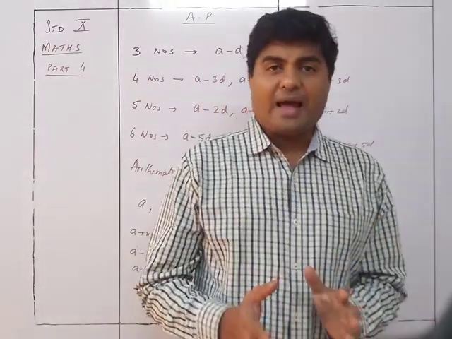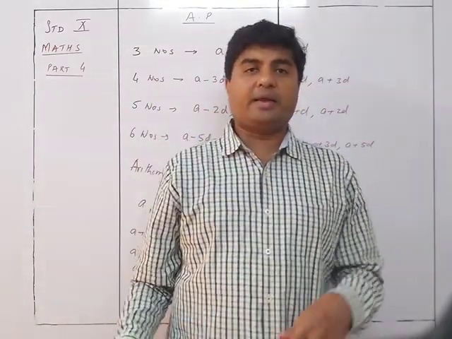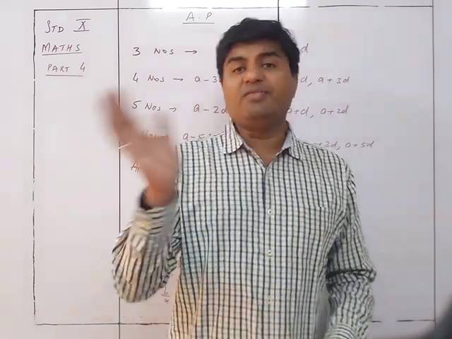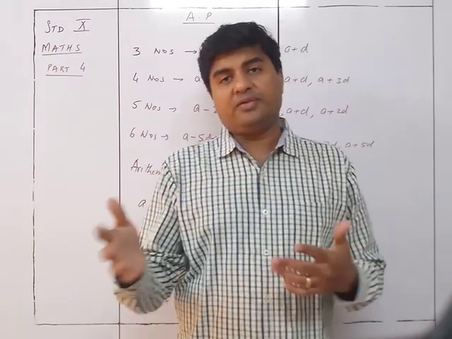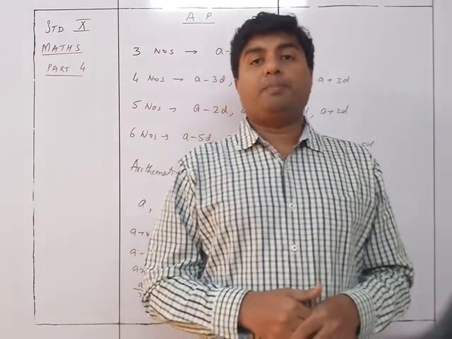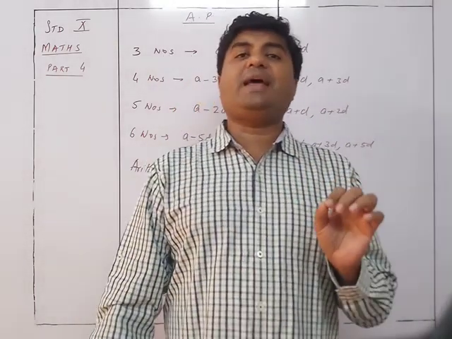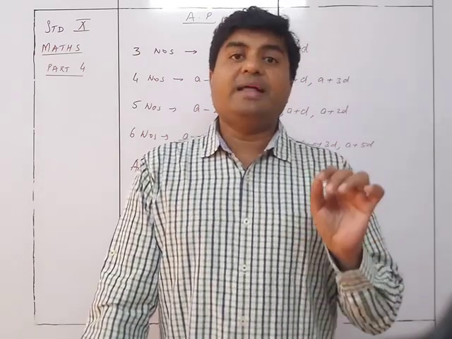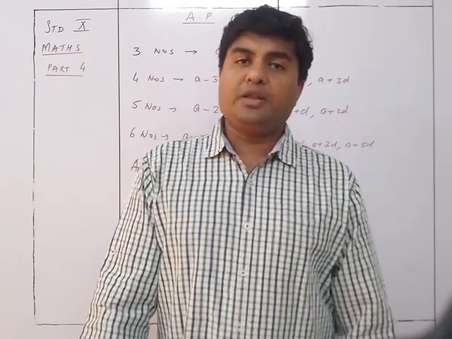Next, if I multiply the same number to all of them, 1, 3, 5, 7, 9, say I multiply by 10, what happens? 10, 30, 50, 70, again in AP. If I divide by any number like 10, 30, 50, 70 divided by 10, I get 1, 3, 5, 7, 9. So you can see that if I am adding, subtracting, multiplying or dividing a particular number to each and every element of a series in AP, then the resultant series will also be in arithmetic progression.